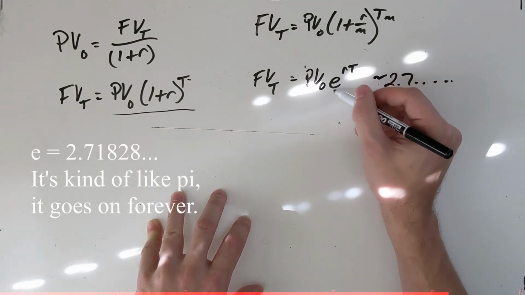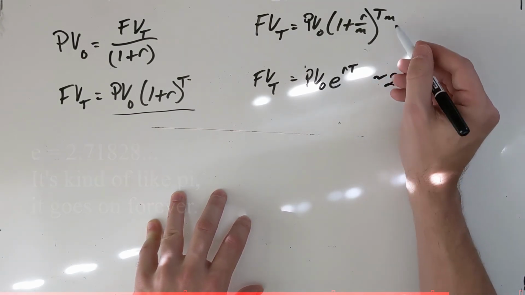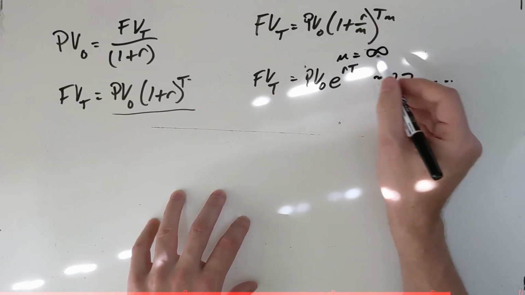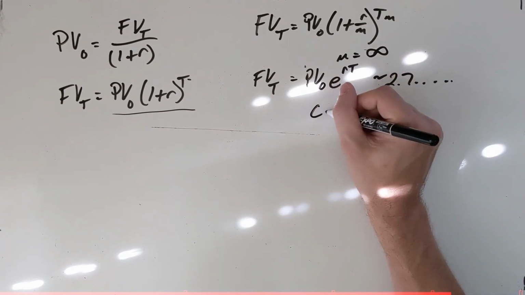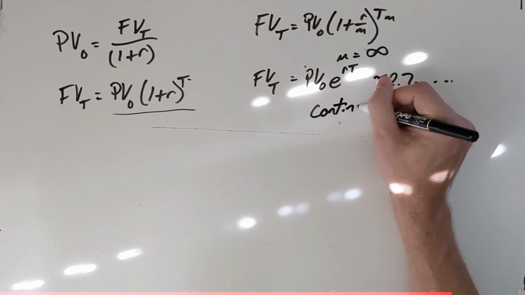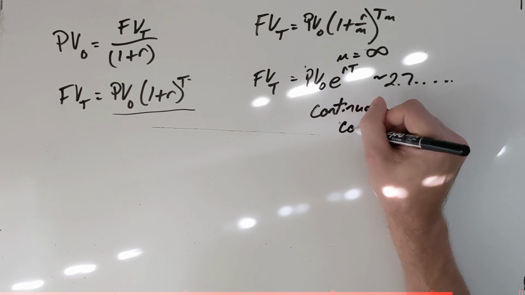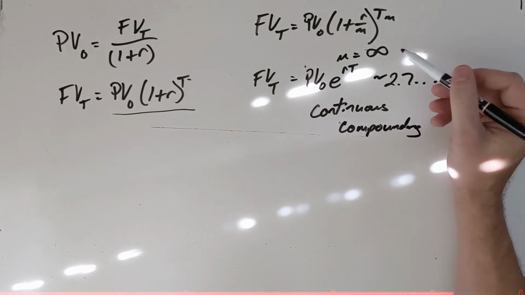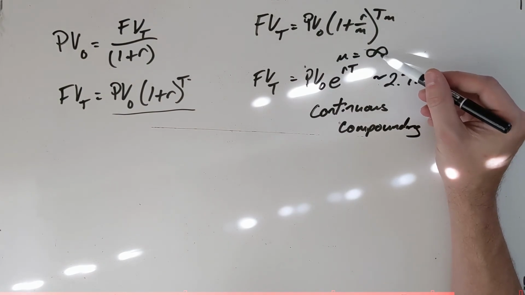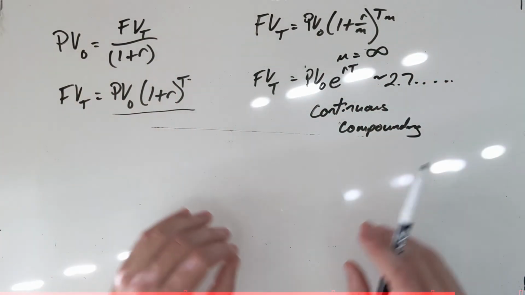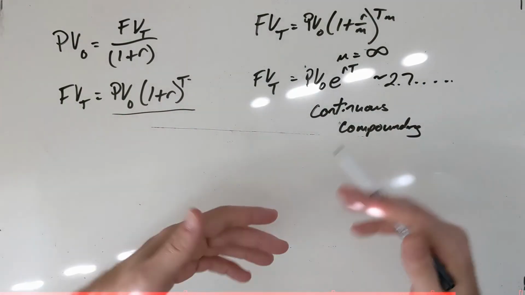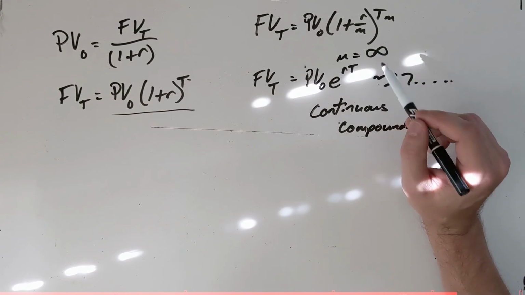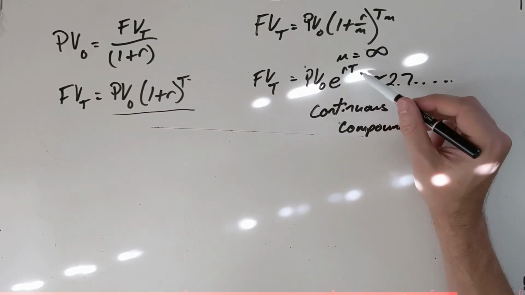So this is an actual number, meaning if you make M equal to infinity, this is also called continuous compounding. Compounding happens every moment, every atomic cycle we are compounding interest. There actually is a limit to the effect of compounding, and it's represented by this.